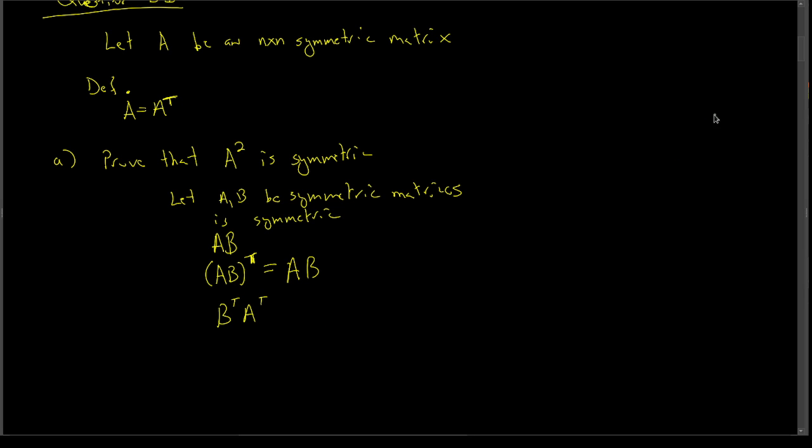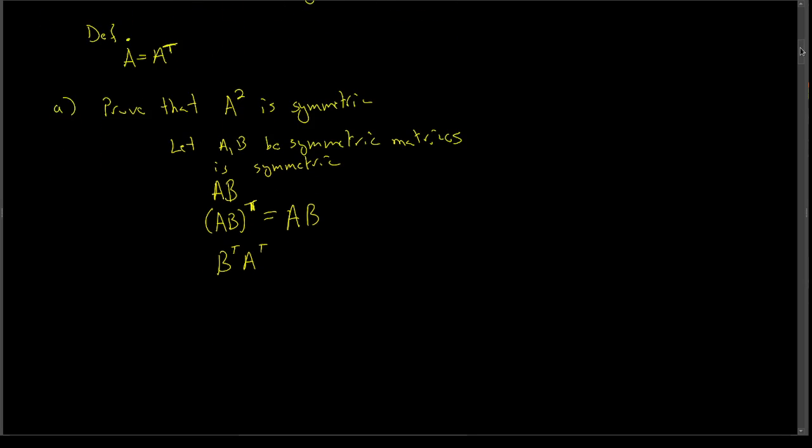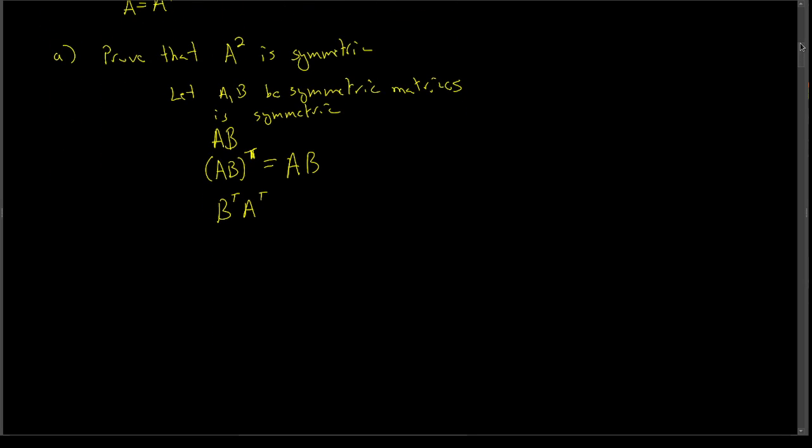I'll just focus on the left-hand side here. Since these are symmetric matrices, by definition A equals A transpose and B equals B transpose. So this becomes B times A.